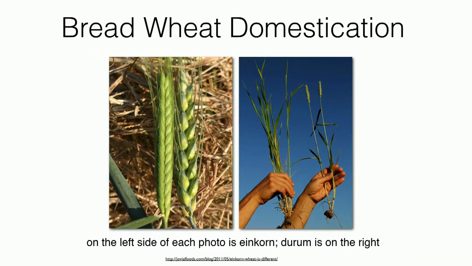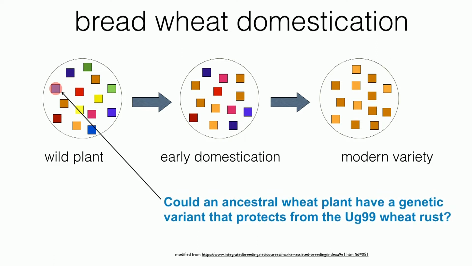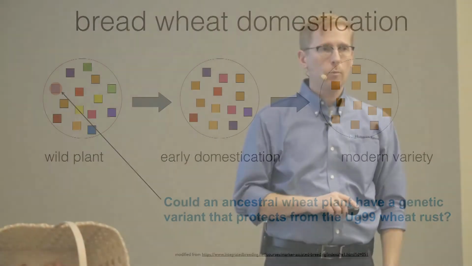So let me tell you a little bit about wheat domestication. We covered this last week. Bread wheat was domesticated from a wild ancestor. I gave you an example of einkorn and durum. Bread wheat's a little different than durum wheat, but the concept is still the same. So the question is, in early domestication or pre-domestication, back at the wild plant, was there a genetic bit of information that might have protected from this variety of wheat rust that we lost as we went through domestication?